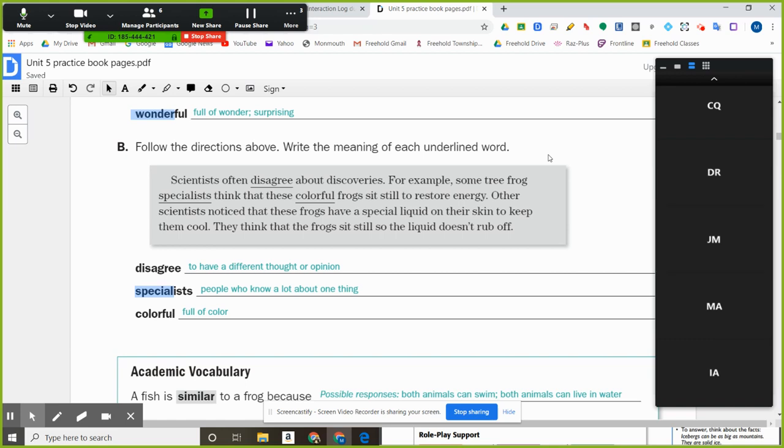Joelle, listen, in specialist, there's two suffixes, okay? I'm gonna help you. See how there's ISTS? There's two here. Can you find one of them? Go ahead, Joelle, you can do it.